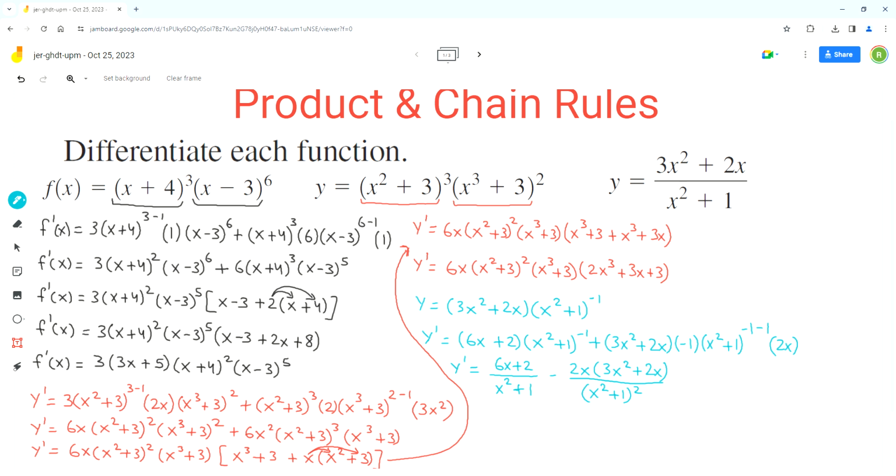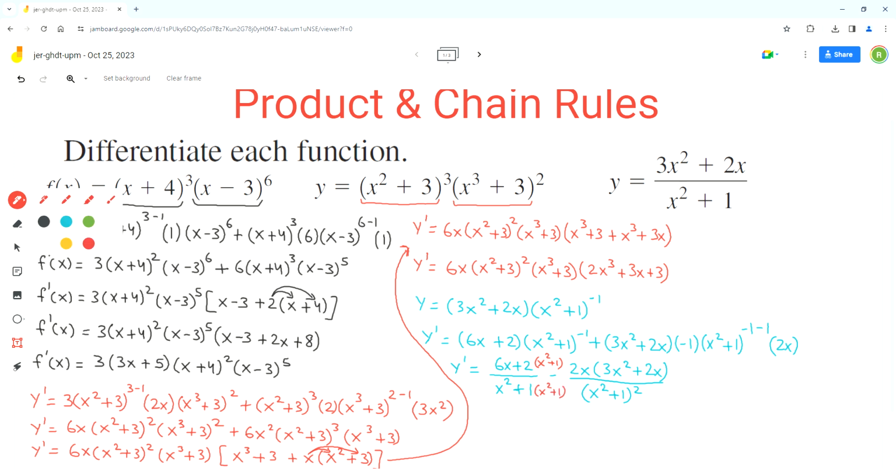Now we can simplify this expression by combining these fractions, and for that we have to find a common denominator. So we'll multiply the first fraction in the numerator and the denominator by x squared plus 1, because the common denominator here is x squared plus 1 squared. So I'll multiply the numerator by x squared plus 1, and I'll multiply the denominator by x squared plus 1.